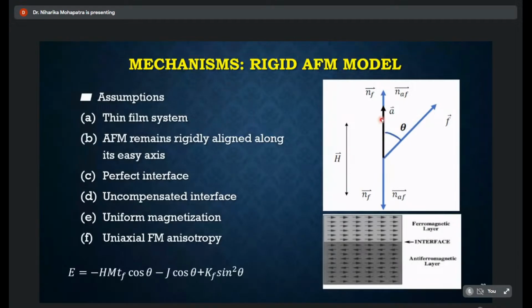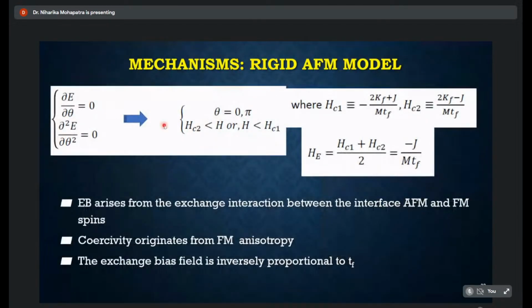We have considered this as the direction of the ferromagnetic spin, and this is the direction of the antiferromagnetic spin. The angle between them is taken as theta. If we minimize and find out what angle is favored energetically between the ferromagnetic and antiferromagnetic systems, we find that it is minimum for two different cases. One is the 0 case, another is the pi case.